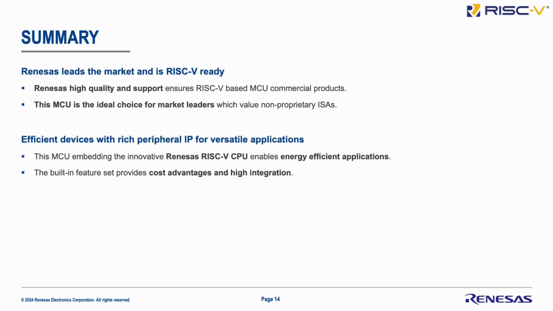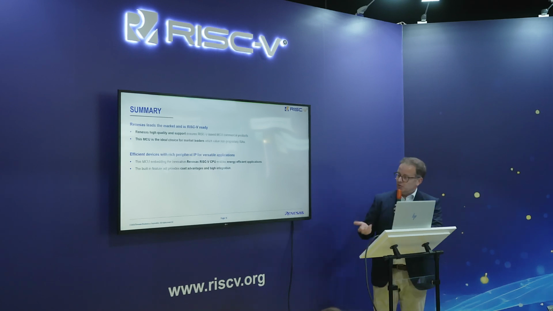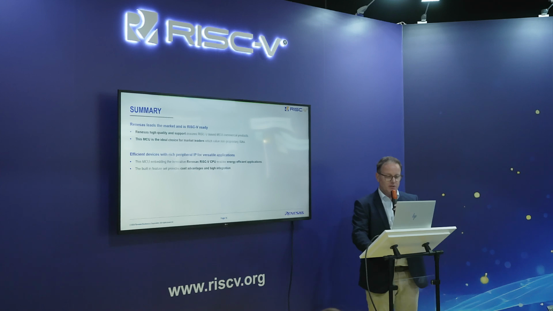These are efficient devices, so they enable you to develop versatile applications that are energy efficient and innovative. And the balance of analog and digital interfaces, IOs, allows you to have cost advantages due to this high peripheral integration, even on such a tiny device.